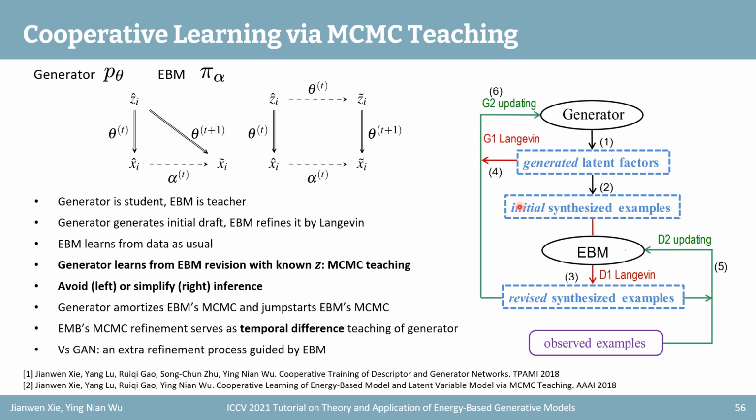And then here, you use the generated latent vector and the refined example to update the generator, so that the generator absorbs the refinement made by the EBM as a teacher. Okay, so this is the basic idea of cooperative learning, and we call this the CoopNets algorithm.